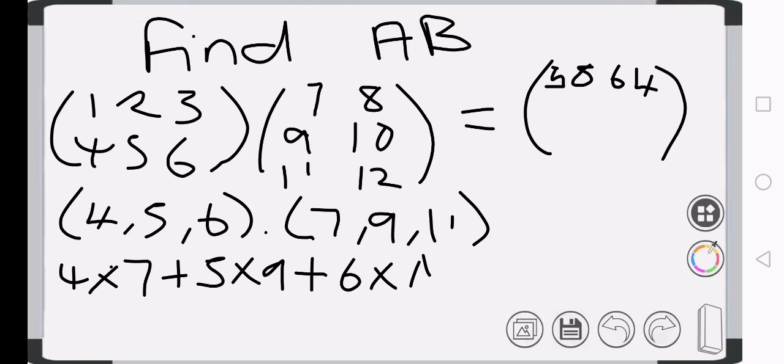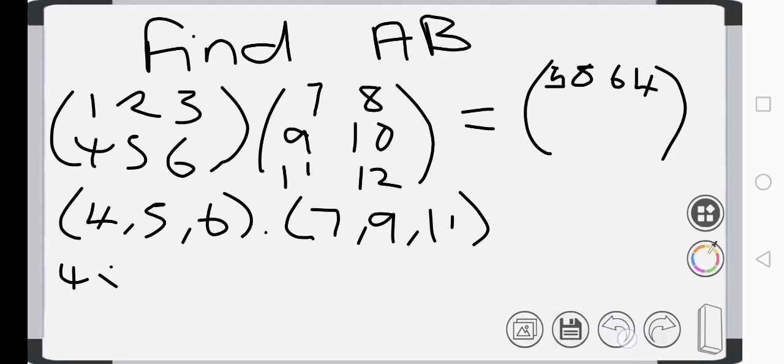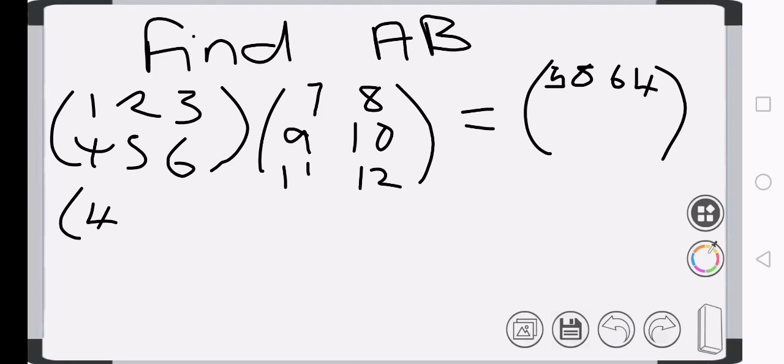The answer will be equal to 139. I hope you're following. It's quite simple. All you need is to be accurate and taking your time. So our element will be 139.